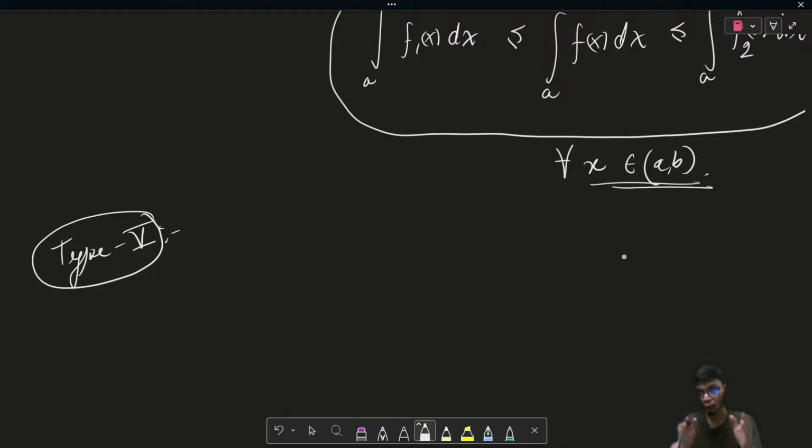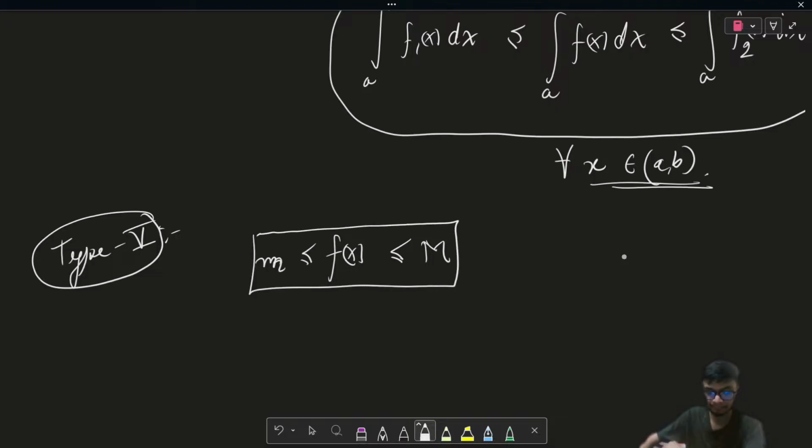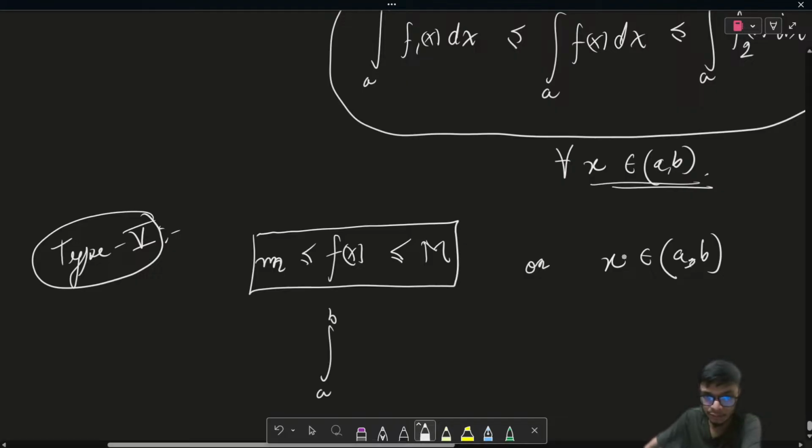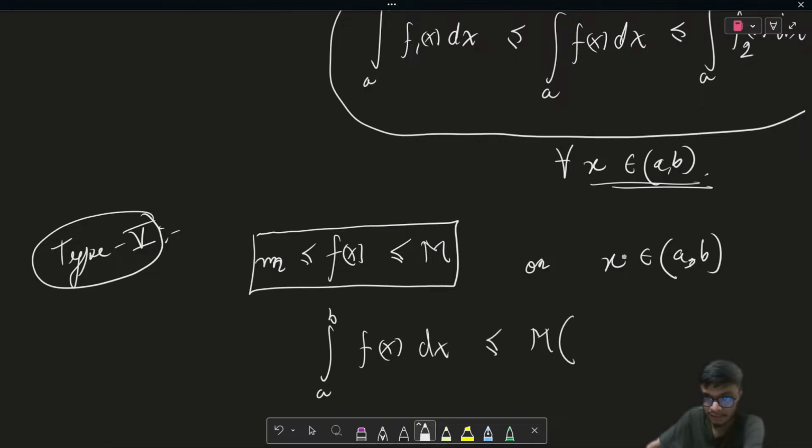If I can find the global maxima and the global minima for a given function f of x, so I know the global maxima is capital M and the global minima is small m, and this is on the interval for x going from a to b, then whenever I integrate this function f of x from a to b, the result is less than or equal to capital M, the maxima, multiplied with b minus a, and greater than or equal to the minima multiplied with b minus a.